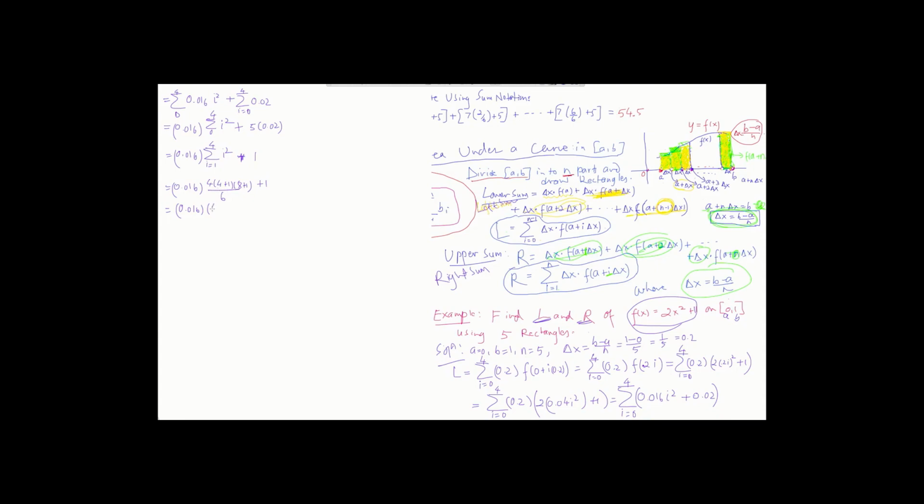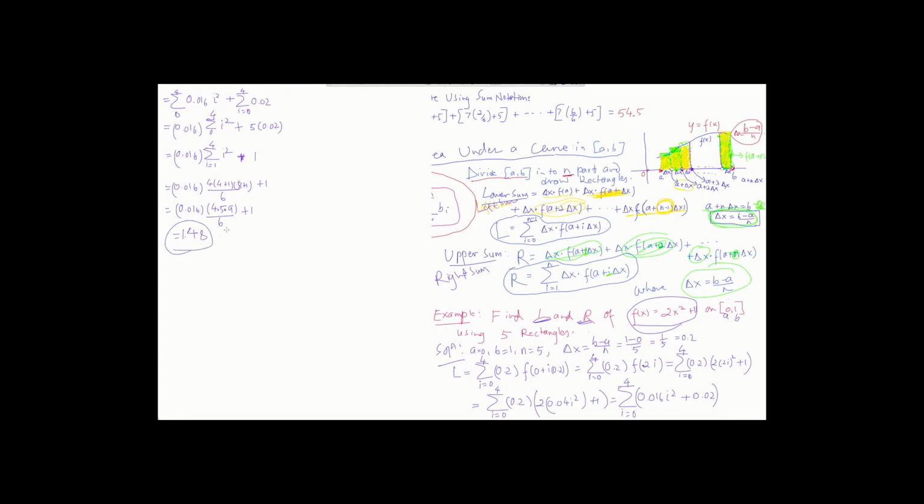Then you will get 4 times 5 times 9 divided by 6, plus 1. If you simplify this, you use a calculator, you will get 1.48.